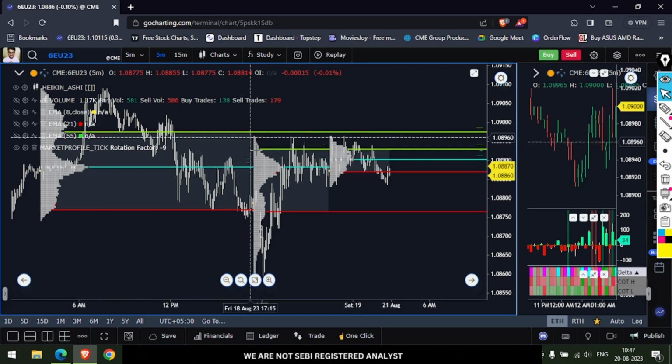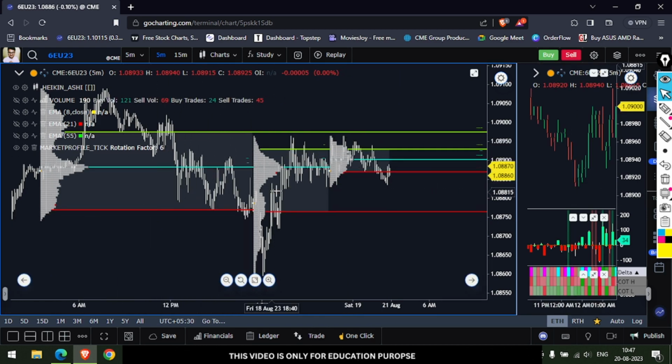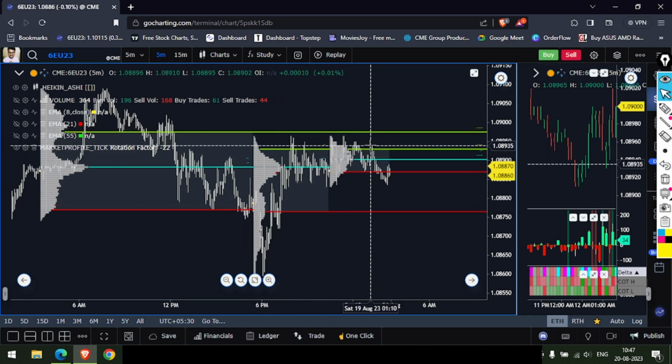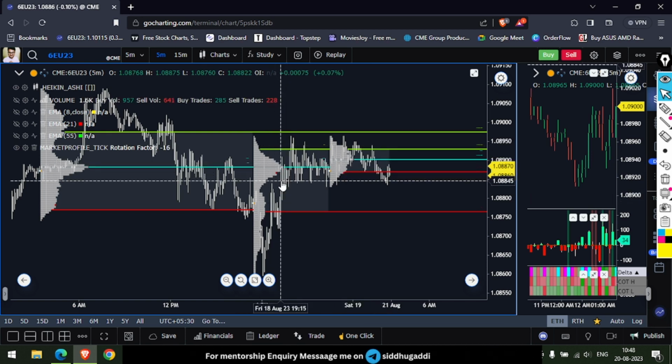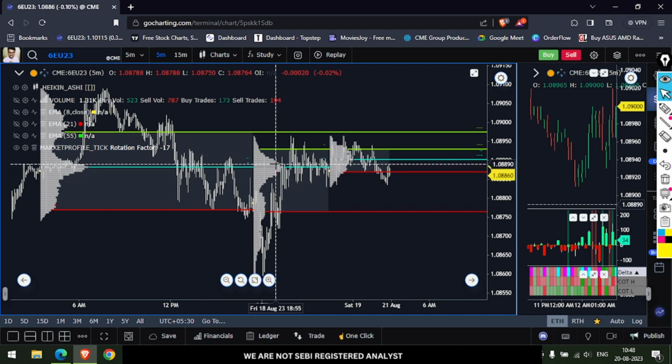On this particular session, most of the volume was traded, and on that particular session most of the volume was traded. You can easily identify where exactly the volume distribution happened and what the patterns are, right?